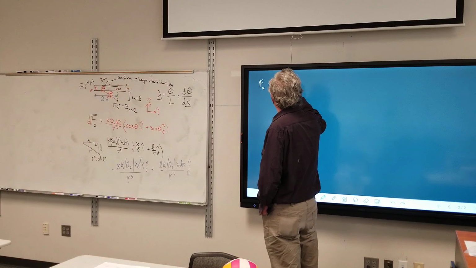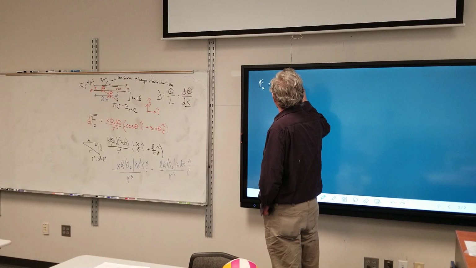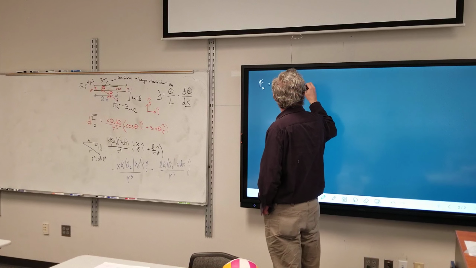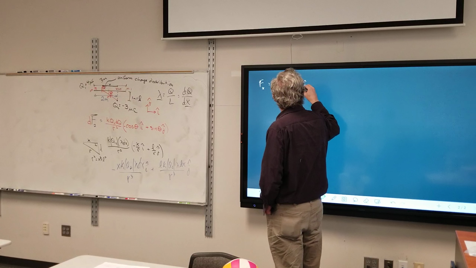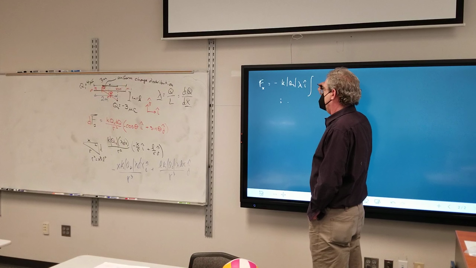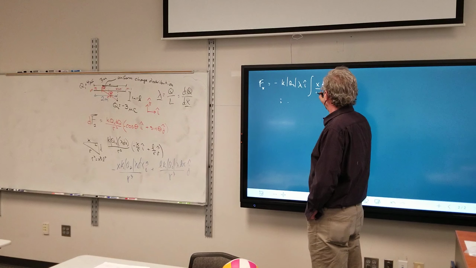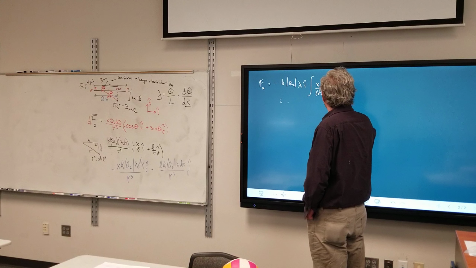So K, absolute value of Q2, lambda, the negative, and i hat, times the integral of x dx over r cubed, which is x squared plus L squared to the 3 halves.